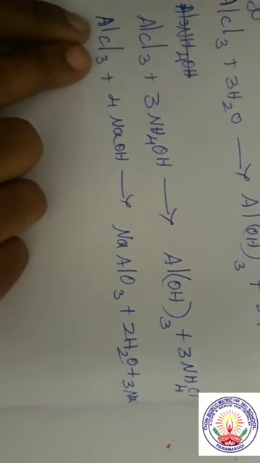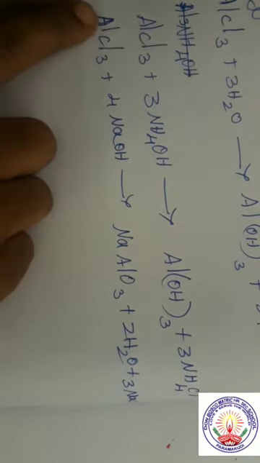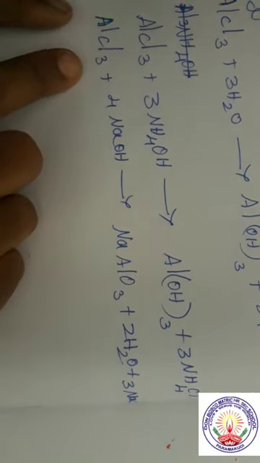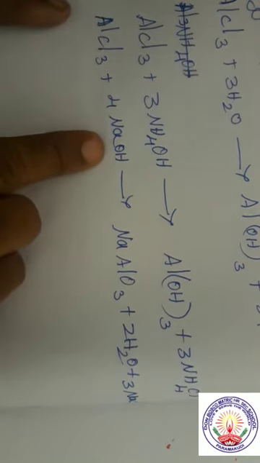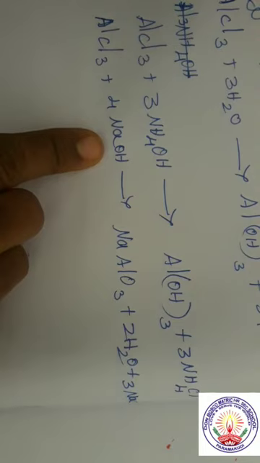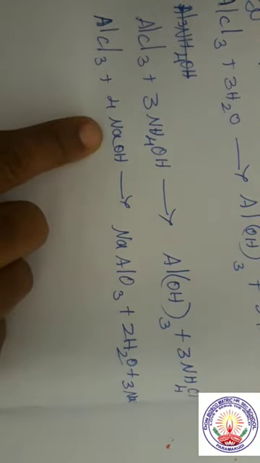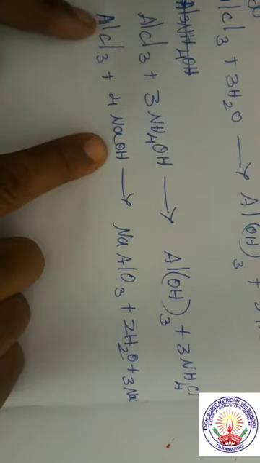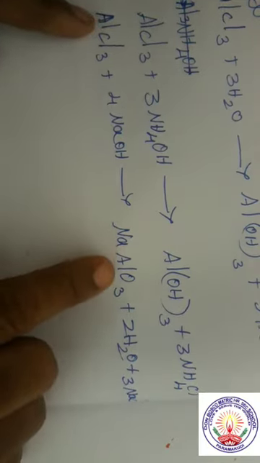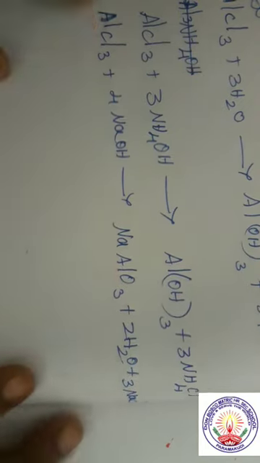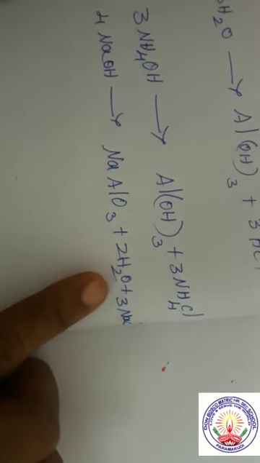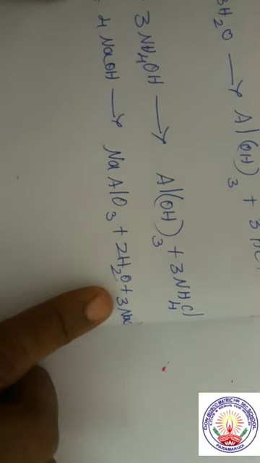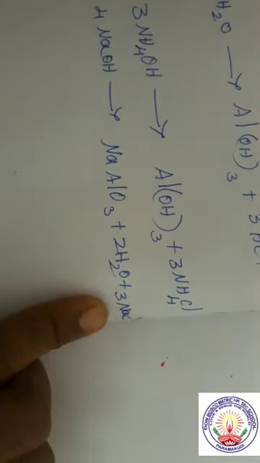This also reacts with sodium hydroxide. See, AlCl3 reacts with excess sodium hydroxide, that is 4 moles of sodium hydroxide, we are getting sodium aluminate, NaAlO2, with water, and the sodium combines with chlorine, and we are getting sodium chloride.